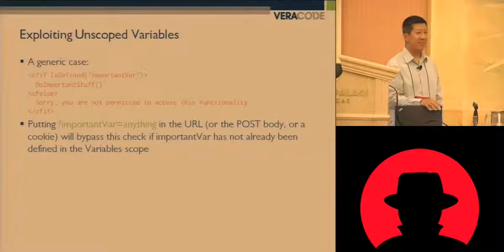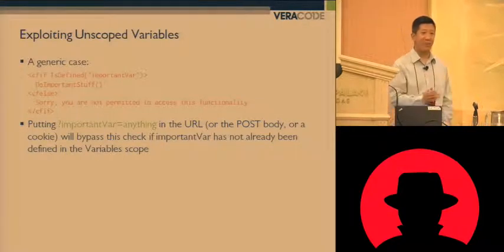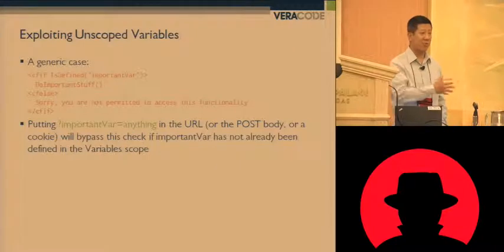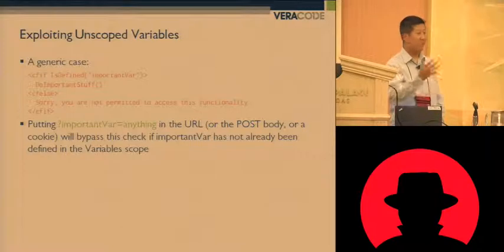And if it is present, they're making the assumption that it was set by the application itself earlier on, after whatever logical check that it made. So it says, if defined important var, then go ahead and do this important stuff. Otherwise, print an error message that says you're not allowed to access the functionality. So they're making an assumption here that if they see a variable called important var, then the application must have created it.